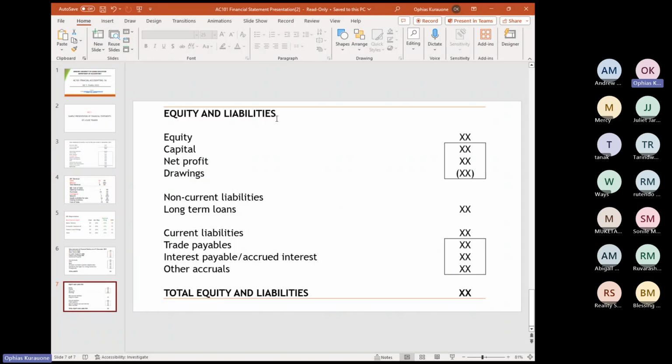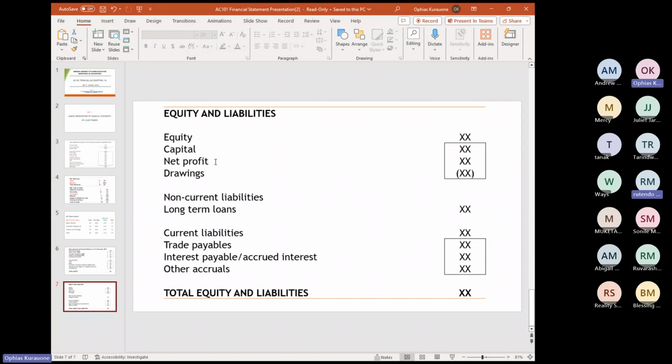That is the liability. For equity, the owner's resources, capital. Sometimes, if it is a company, the equity can be presented as ordinary share capital. Then net profit, then drawings.